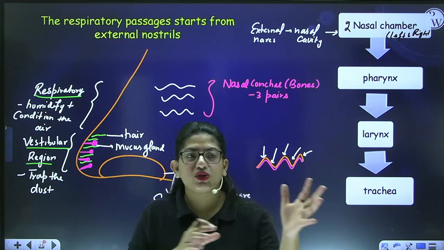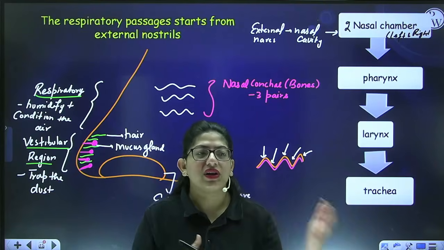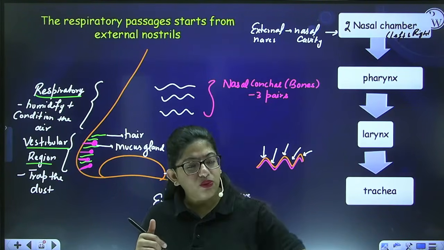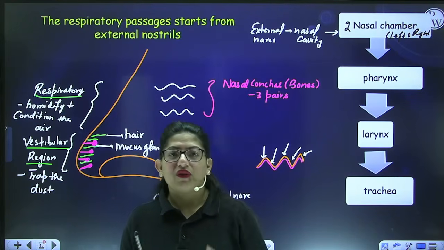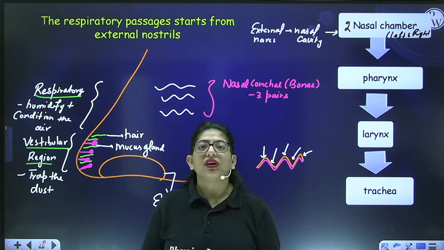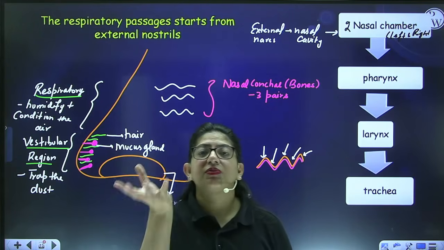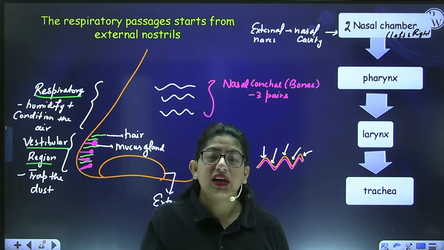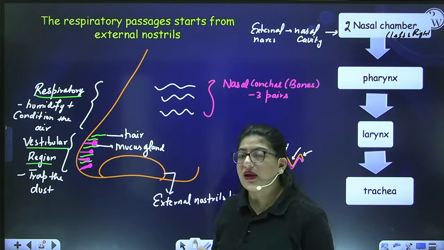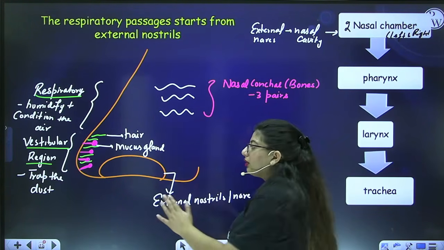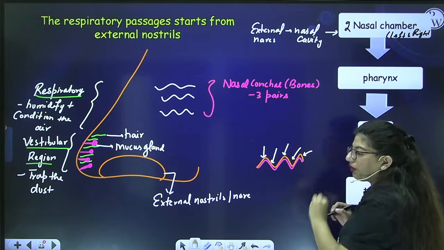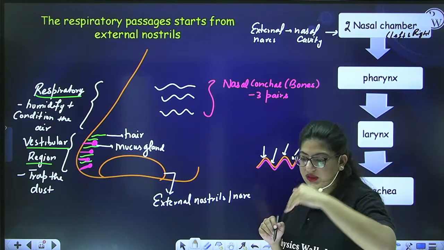We want molecules to move faster, because the higher the temperature, the faster the molecules move, and the more the diffusion. For example, if I have warm air and cold air, the warm air will diffuse faster because it has high temperature, and its molecules have more kinetic energy and are more active. So if you are living in a colder area, the air will enter and touch the skin of these nasal conchae. Nasal conchae bones have skin on them.